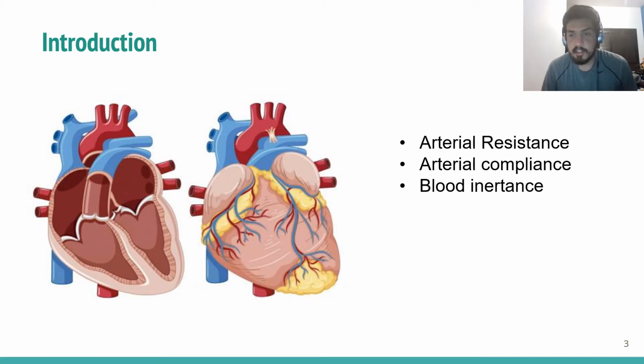One is the arterial resistance, that is the resistance of the arteria to the blood flow. Then is the arterial compliance, the relationship of pressure and volume of the arteria. And the blood inertance, which represents the blood mass, which is accelerated and decelerated by the pumping of the heart.